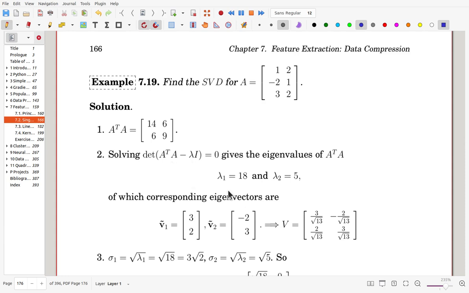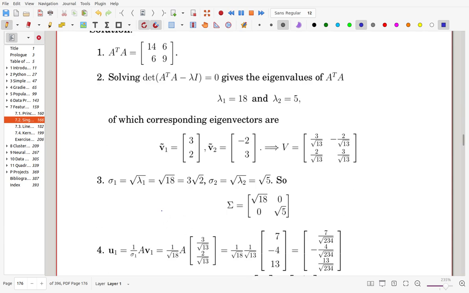If you do, then lambda 1 for that matrix is 18, and lambda 2 is 5. For lambda 1, you can find v1 and v2. Now normalize, and then you can recheck that. So we finish the V matrix, the right singular vectors.